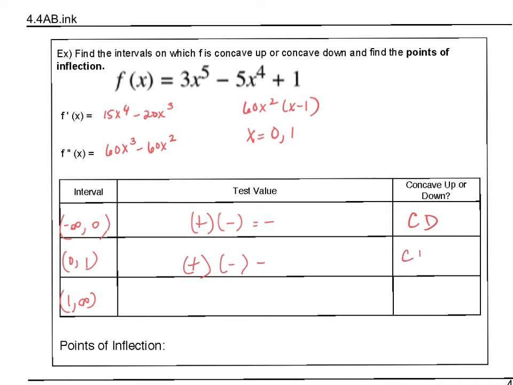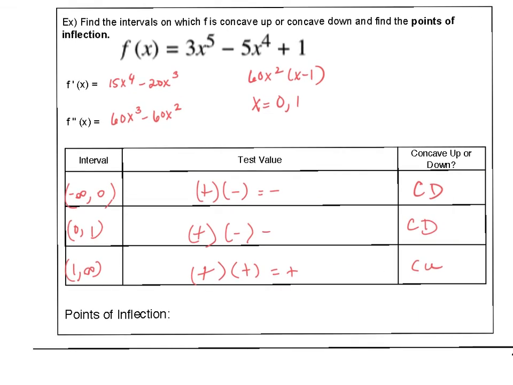So still negative, still concave down. And then if I pick any positive value, like 5, we would have positive, positive, resulting in concave up. So because we have a change from down to up, we have a point of inflection at x equals 1 only.